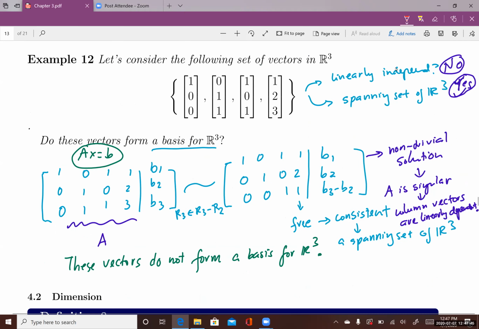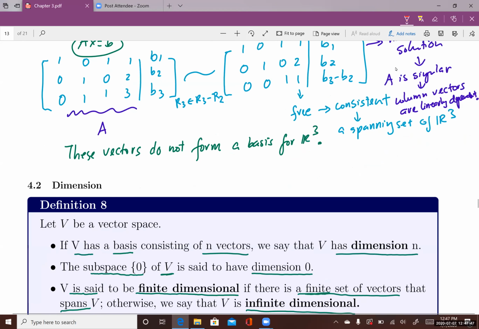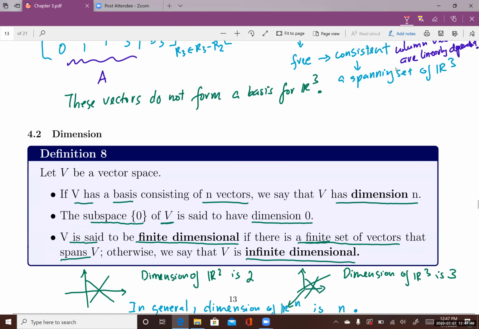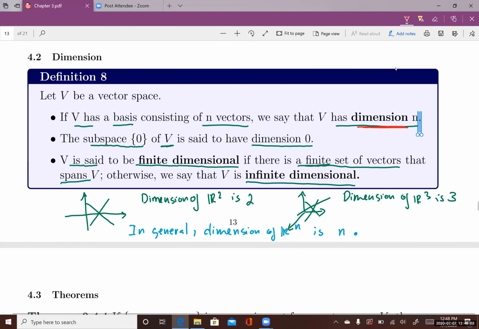And the dimension of a vector space is the number of vectors that form a basis of the vector space. And we know that in Rn, the dimension of Rn is n. That means you need n vectors to form a basis for the vector space Rn.